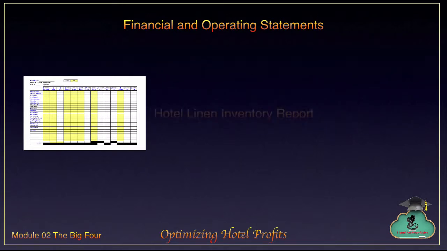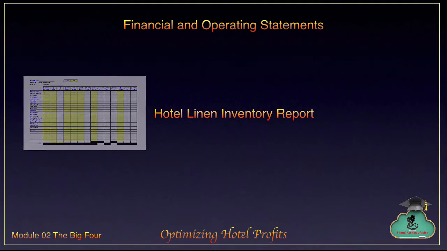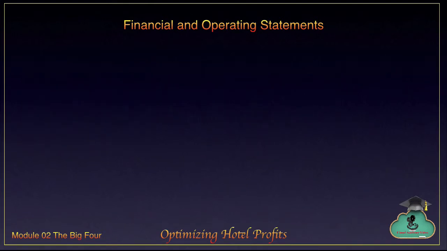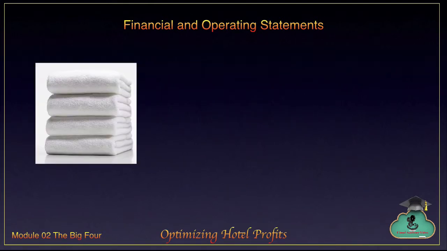Let us take an illustration for this. For example, a hotel linen inventory report is a classic example of an operating statement. It shows the different hotel inventory items like bedsheet, bed cover, duvet, pillow covers, and so forth.